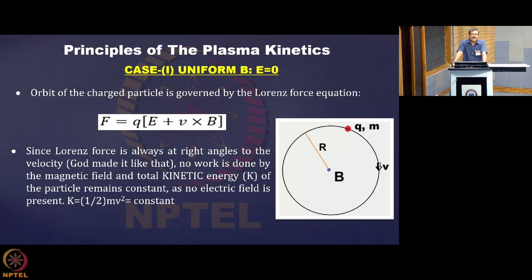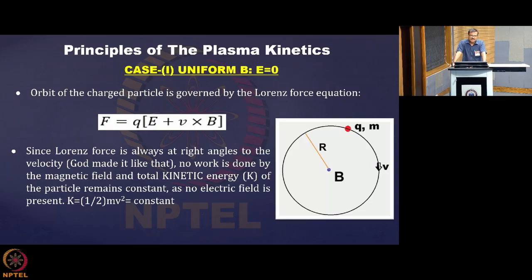We know that the charged particle is governed by the Lorentz force equation, which is nothing but force is equal to charge into electric field plus Q V cross B, where Q is the charge. This Q V cross B is a very interesting term in electrodynamics.